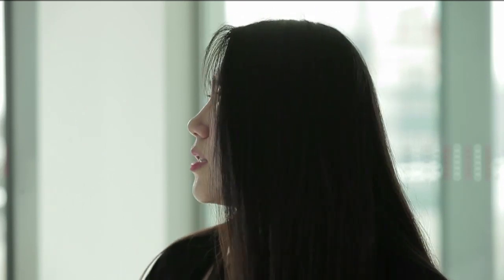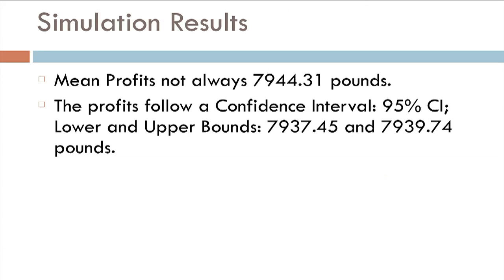As we already discussed, the mean profits are not always at this level, and the profits follow a confidence interval at a 95% significance level with lower and upper bounds between these two numbers, which means the mean profit of each simulation will vary within this bound.